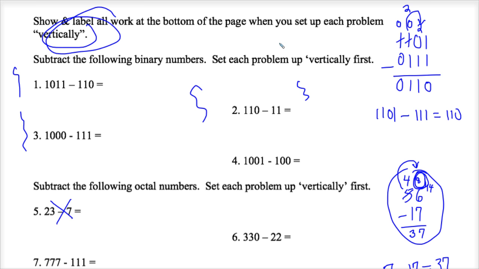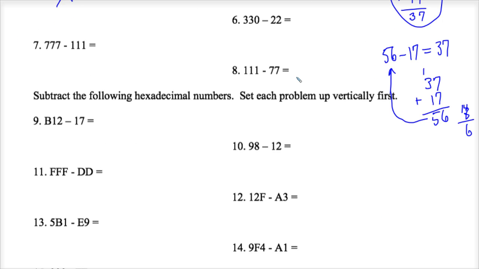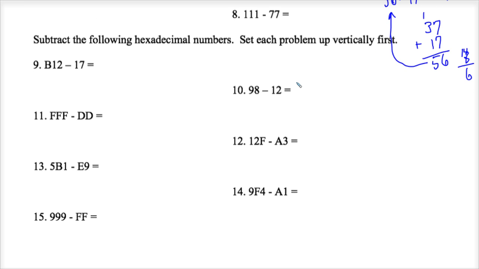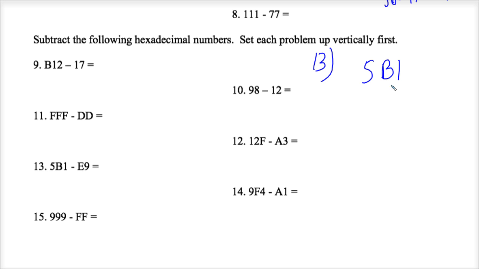Okay, finally we're going to do a hexadecimal subtraction problem. And we have a bunch of problems here to do. I'll just pick one of these to do, and you can have a free answer here for suffering through this video. Let's do this one right here, number 13. 5B1 minus E9.